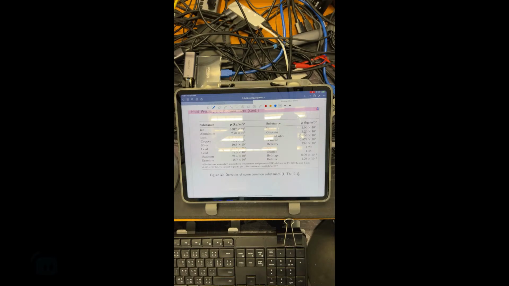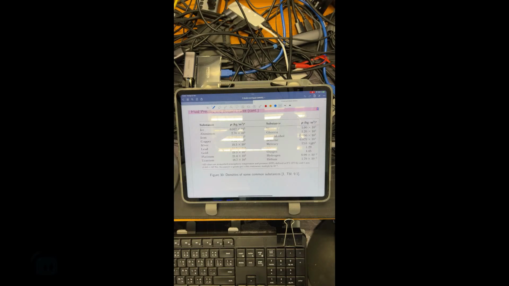Glycerine is 1.26 thousand. Ethyl alcohol starts to be under 1,000, at 806 only. Benzene, which is the fuel for our automotive industry, is 879 kilogram per cubic meter.